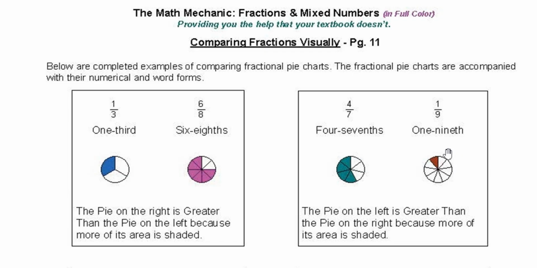So now we're going to compare the amount of shaded area in each pie. As you can see here, the amount of area shaded in this pie is greater than the amount of area shaded in this pie. In other words, this pie has more shaded area than this pie over here.